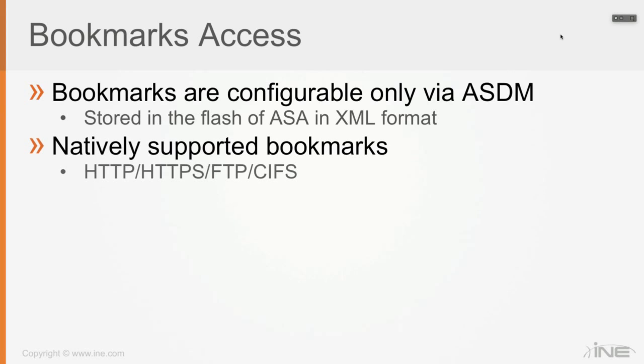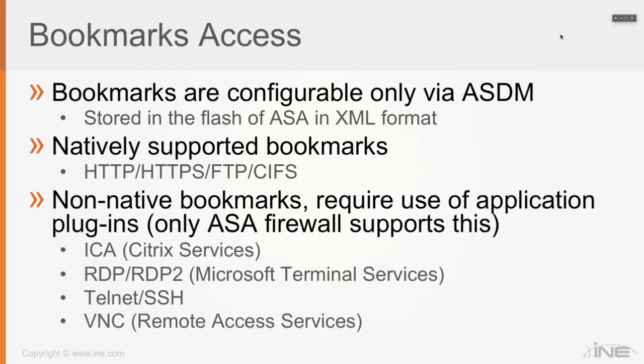And we have some natively supported bookmarks, like the ASA can publish in the portal HTTP, HTTPS, FTP, or CIFS resources, or non-native bookmarks which require the use of an application plugin on the ASA firewall. It's going to be Citrix services, RDP, remote desktop, Telnet, SSH, or VNC.